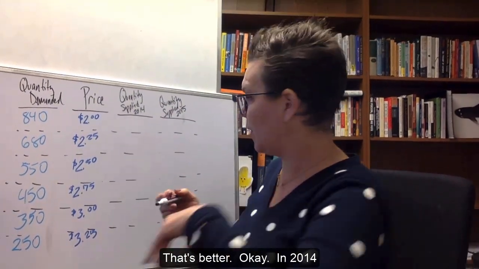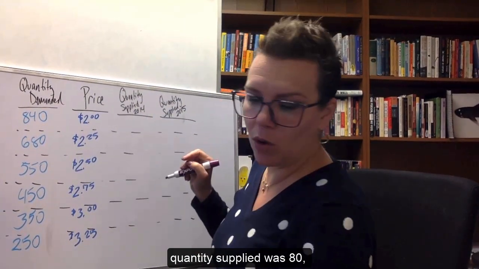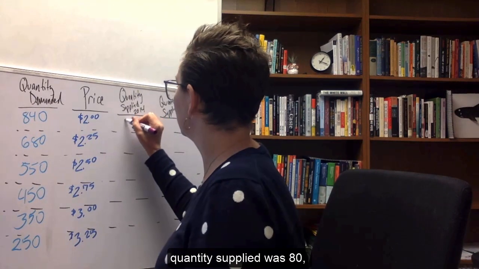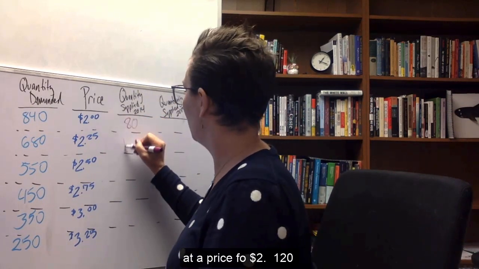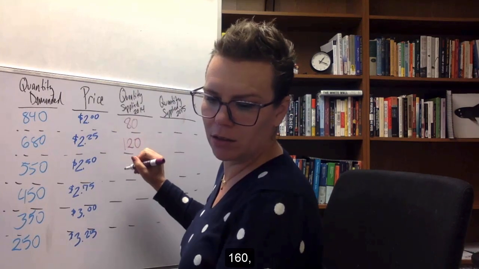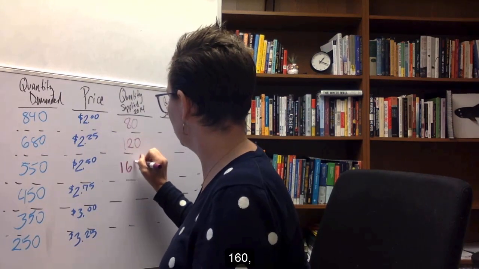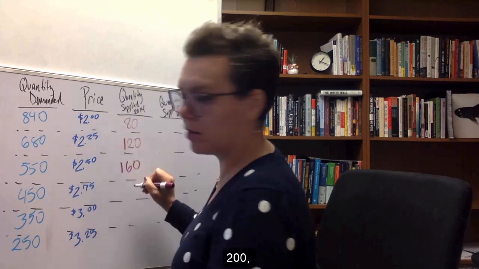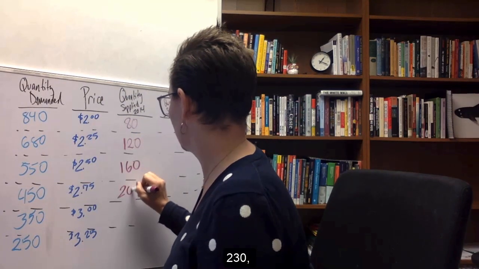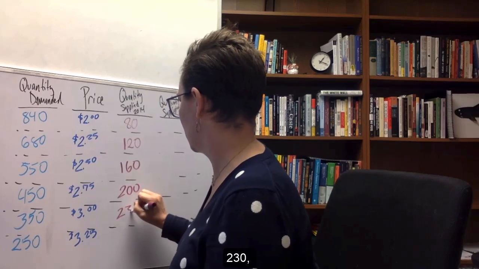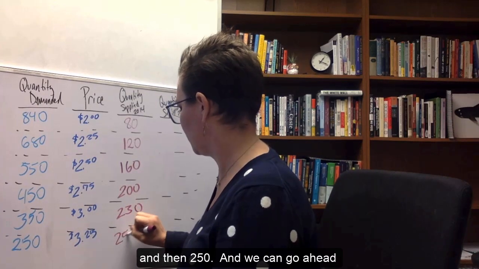That's better. Okay. In 2014, quantity supplied was 80 at a price of $2, 120, 160, 200, 230, and then 250.